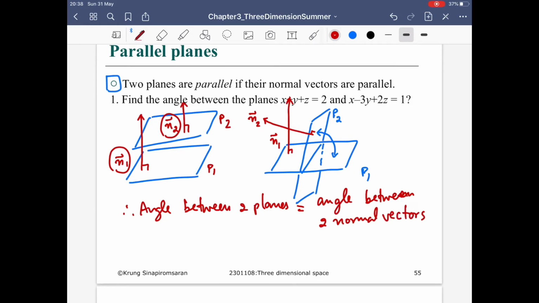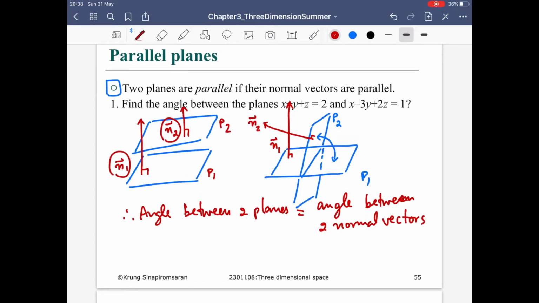Okay, so to find the angle between the two normal vectors, don't forget that we have u dot v equals the length of u times the length of v times cosine theta, right? So here you are going to find n1 dot n2 equals the length of n1 times the length of n2 times cosine theta.